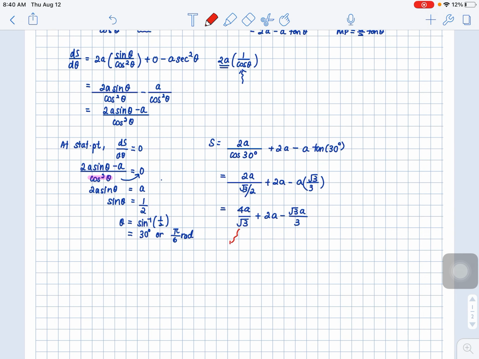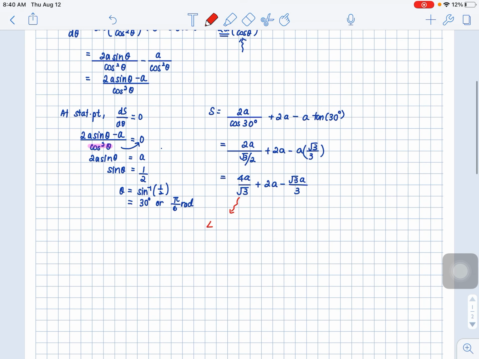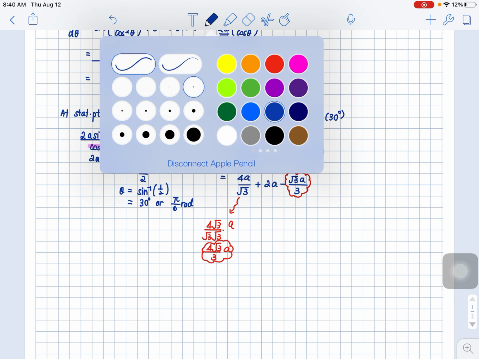I'm going to do a little bit of manipulation here. So I don't want the denominator to be 3. So I want to balance it now. And I can take this and I can minus with this portion.